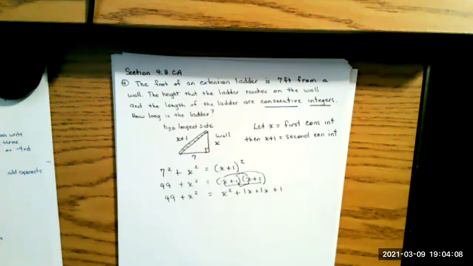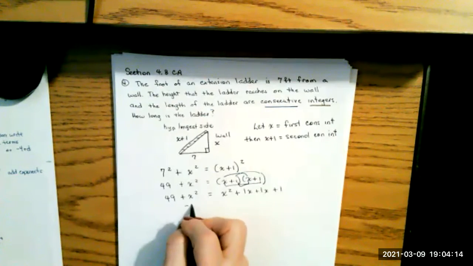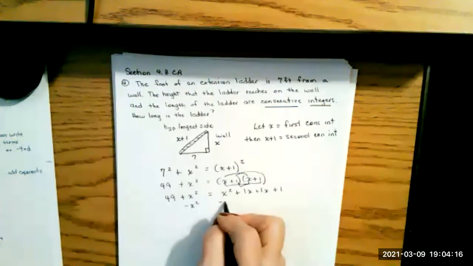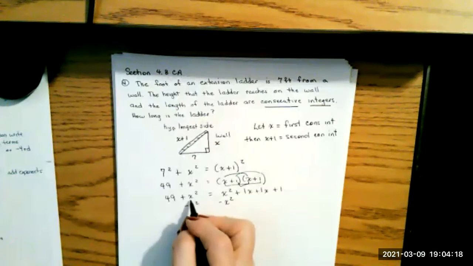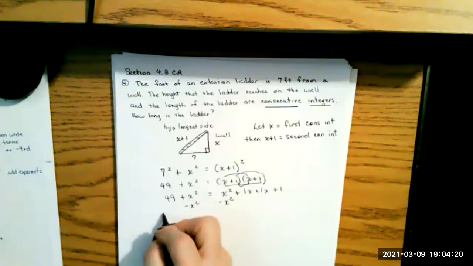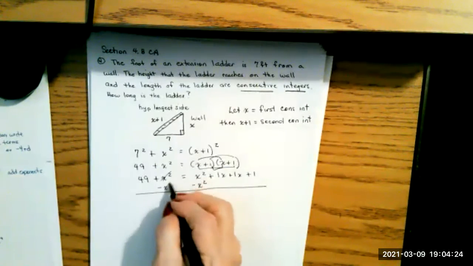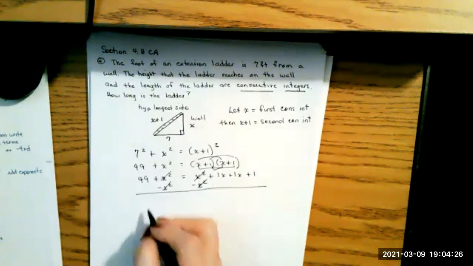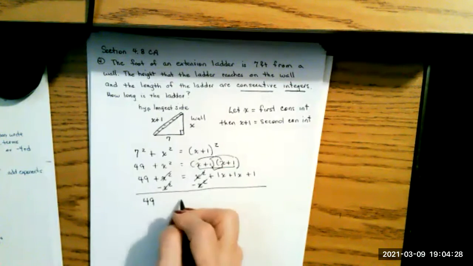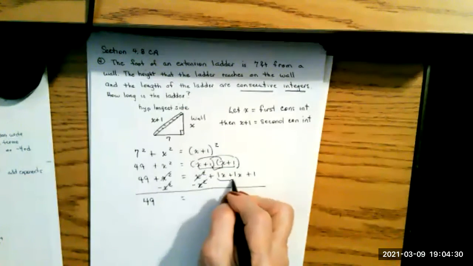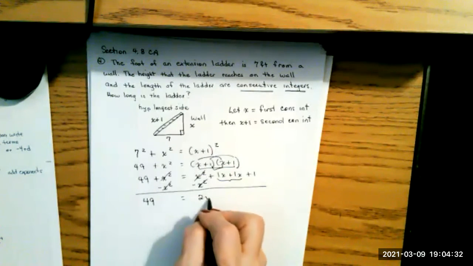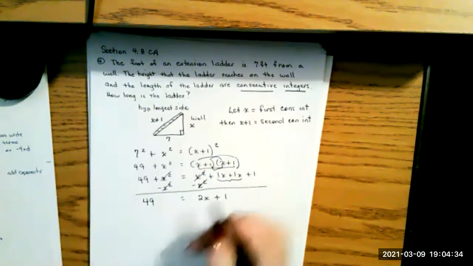Now, it looks like it's going to be quadratic, but it might not be. Let's see what happens. If we subtract x squared from both sides, it's going to make those x squares go away. And you'll have 49 equals, and I'm going to combine these two to make 2x plus 1.